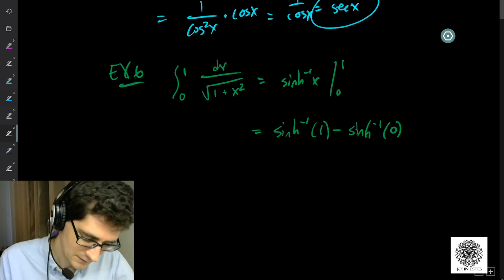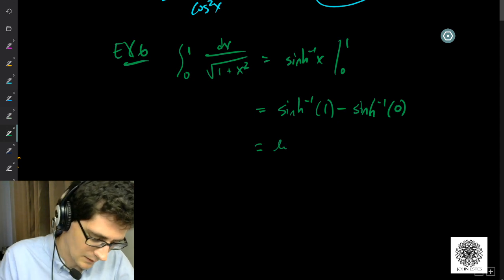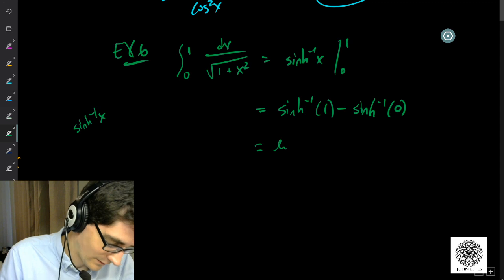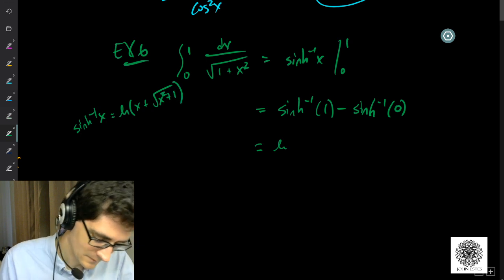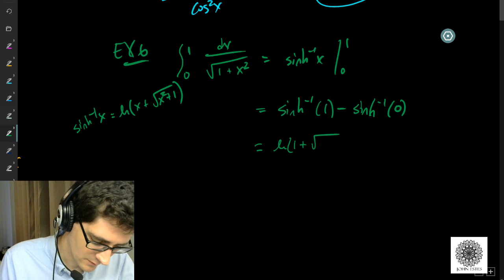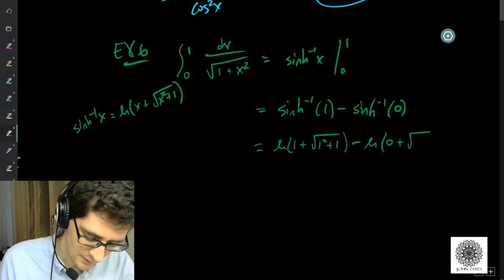May I suggest using our logarithmic definitions, and again, sinh inverse of x is ln of x plus the square root of x squared plus 1. So I end up with ln of 1 plus the square root of 1 squared plus 1 minus ln of 0 plus the square root of 0 squared plus 1.